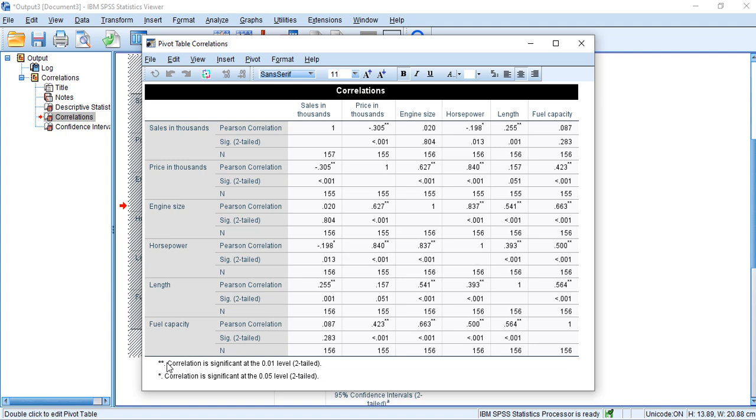You can only look at the relationship of two variables in a correlation. This Pearson correlation measures the amount of relationship between the variables. Correlation is a mutual relationship or connection between two variables.